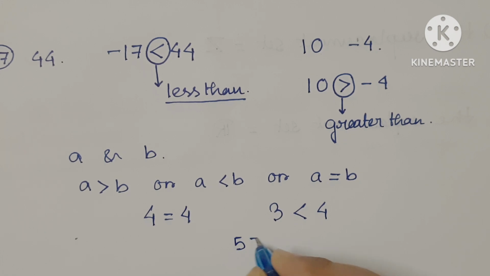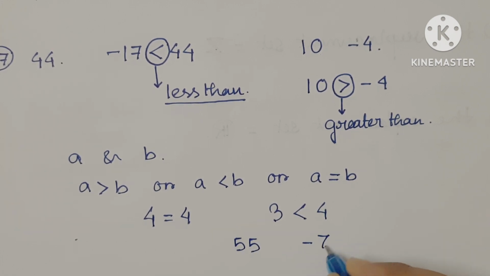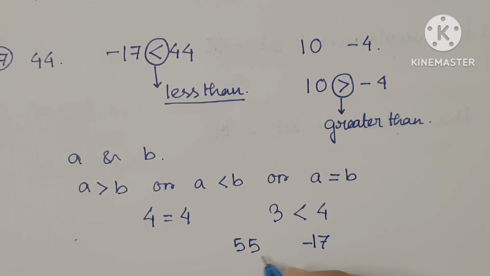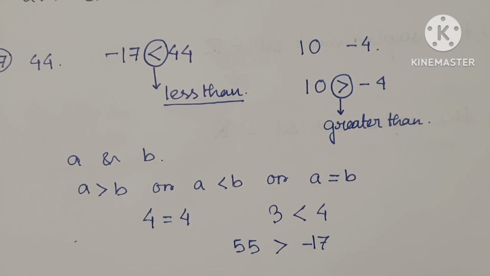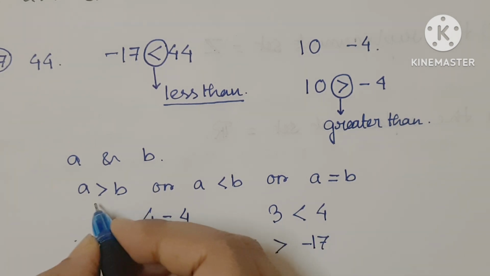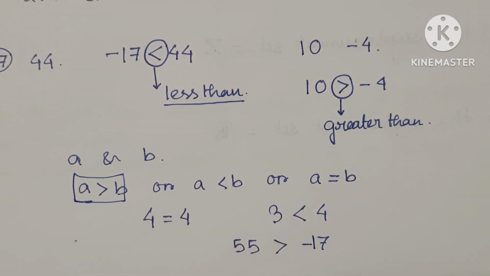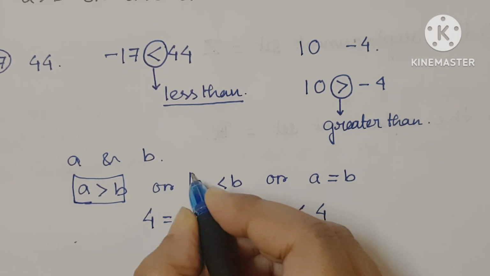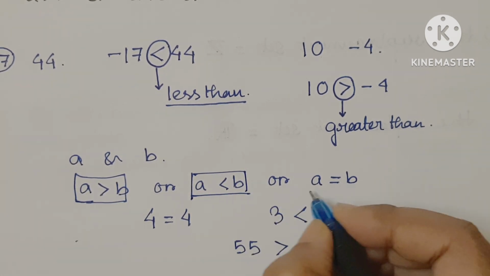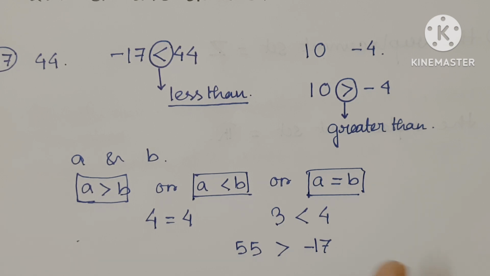Suppose 55 and minus 17, then 55 is greater than minus 17. So whatever any two numbers you choose, there will be either the greater than symbol, or the less than symbol, or the equal to symbol.